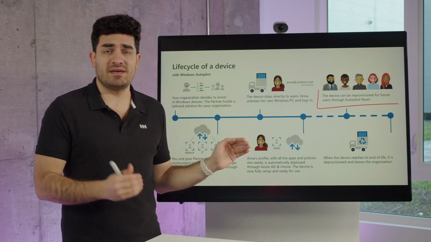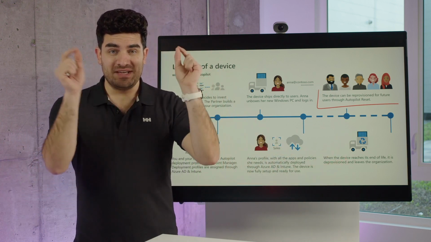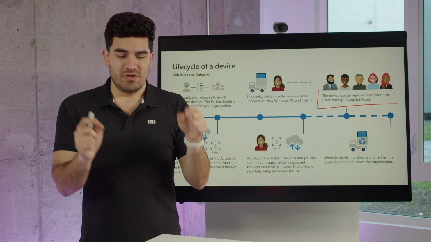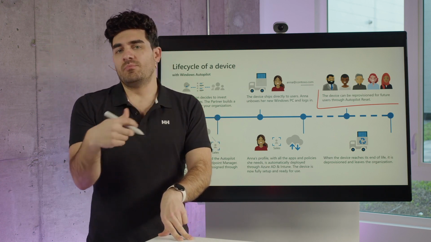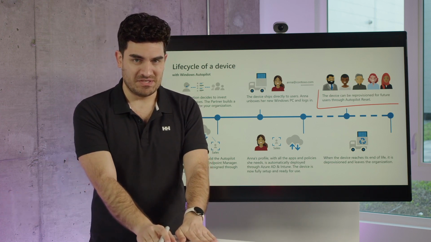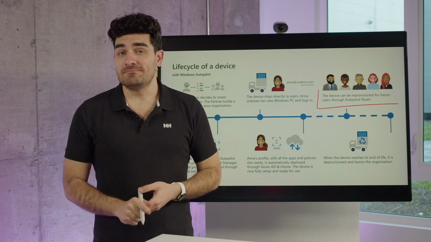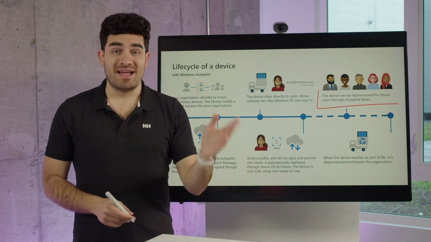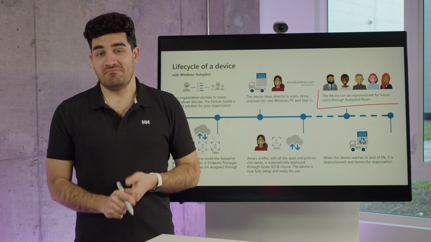So if it's going from Anna to Raul, when Anna's done, the device knows that its next user will be Raul. You perform the Autopilot Reset, it erases everything of Anna's, and then it will pre-provision all of Raul's things so that he doesn't have to wait for 45 minutes to an hour for that Autopilot process to complete. He's ready in minutes because all that work has been done by IT and by Bytes in advance of the user receiving it. Really powerful.